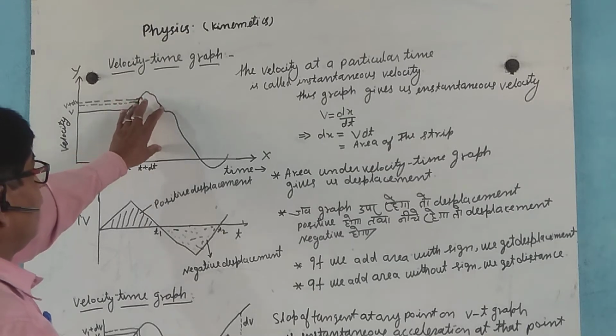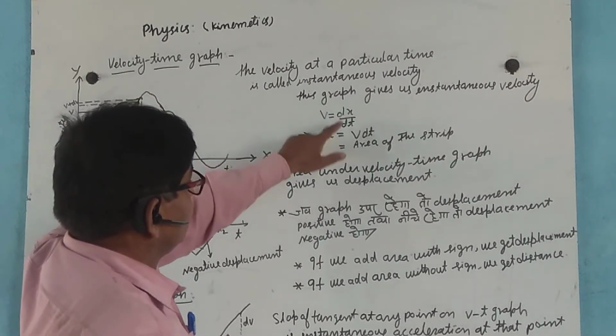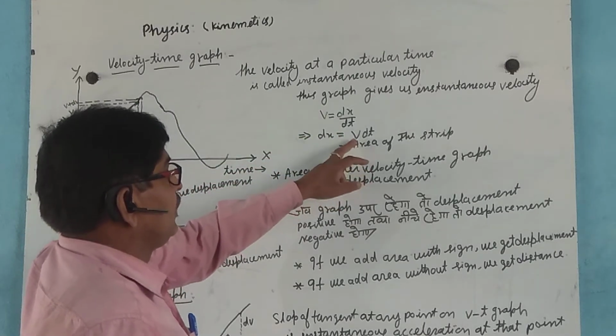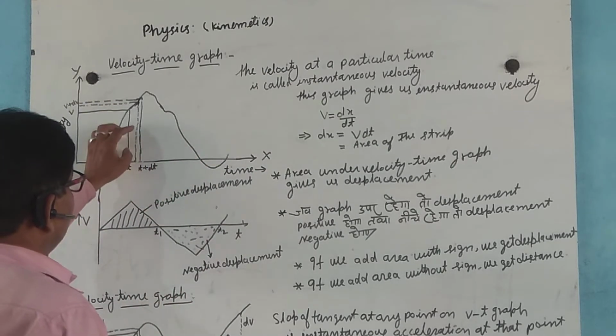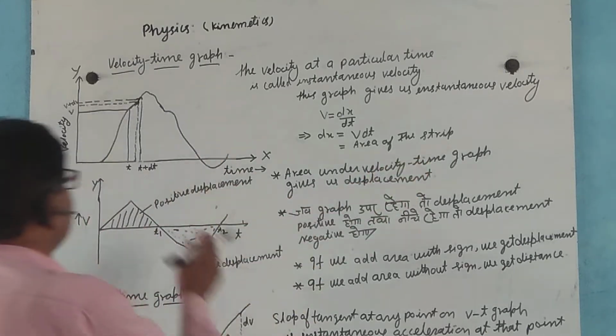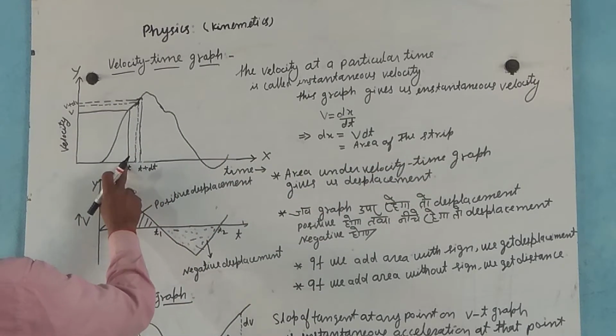As we know, v is equal to dx by dt, which means dx is equal to v dt. v dt means v and dt, length and breadth, that is the area of the strip. This is the area of the strip at time t.